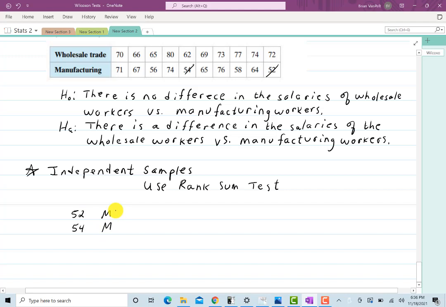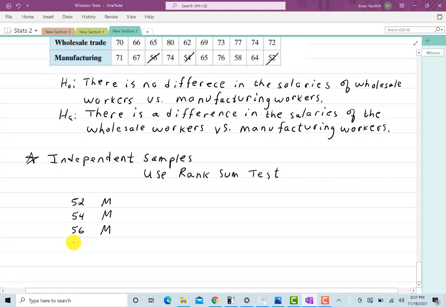Then it looks like 56 is my next. Also from the manufacturing section. Let's see, 58 after that. And that's also from the manufacturing area. What else do we have? 62 up there. Oh, that comes from the wholesale.